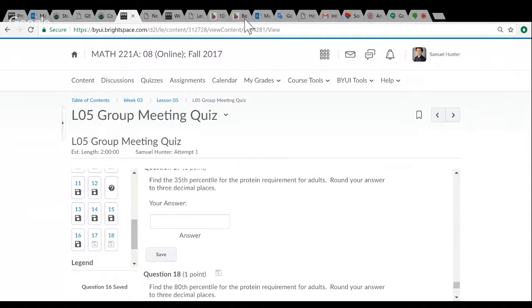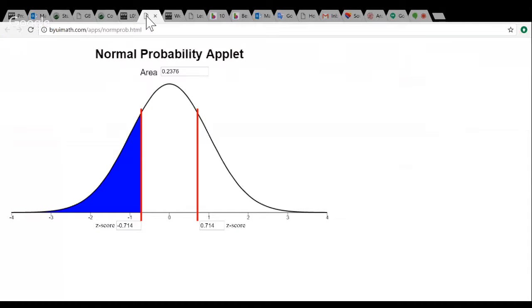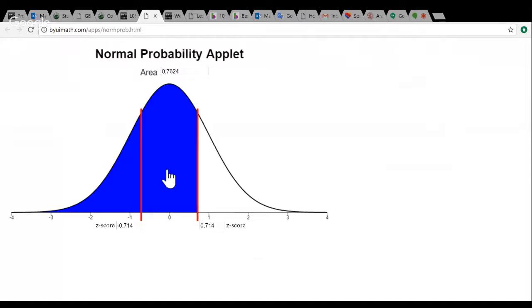0.07. So go here. That's the mean there.